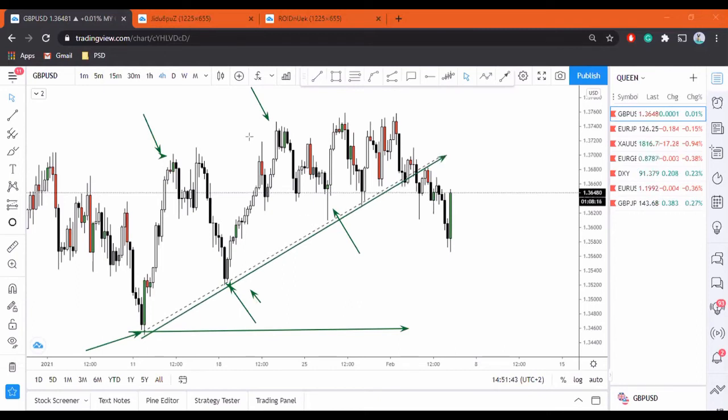And then when you saw price coming all the way down, and then it gave you a rejection candle right here, this is a good rejection candle. It touched your trend line, right? And then it gave you a rejection candle, that's two confirmations. And then the next candle that came was a strong bullish candle. That's an edge confirmation.